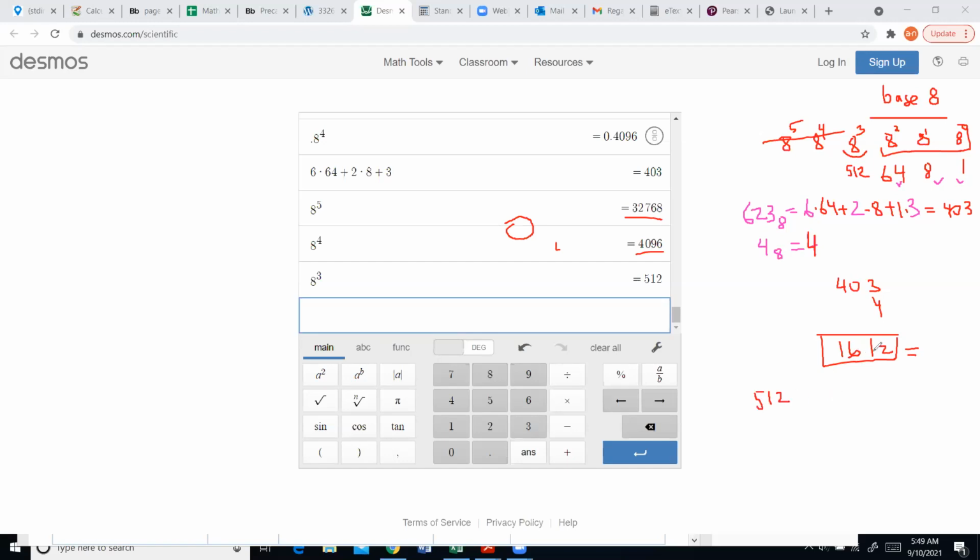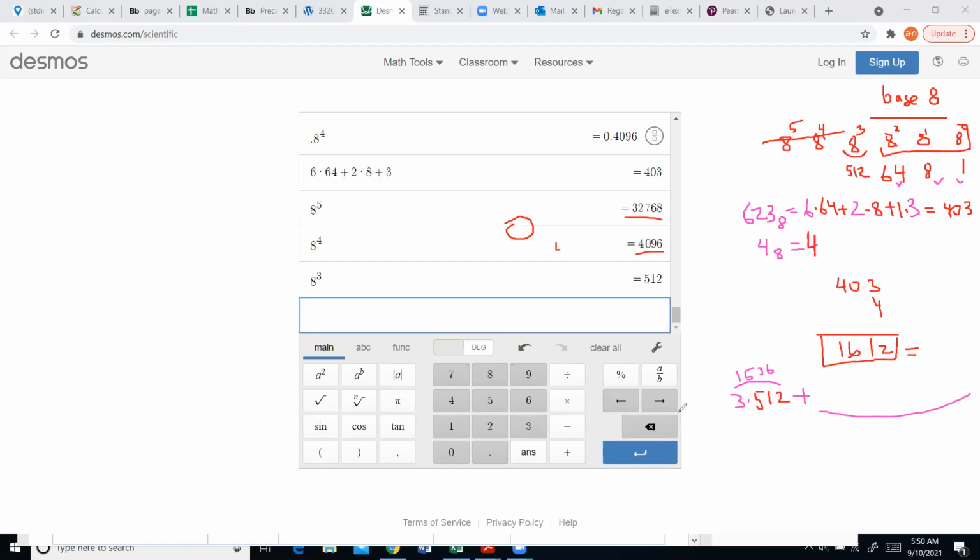So how many 512s are in 1612? Well, how many 5s in 16? Looks like 3. Can you see that? 3 times 5 is 15, actually. So when I multiply 3 by 512, it will be 1536. And 3 times 5 is 15. 15, 36.